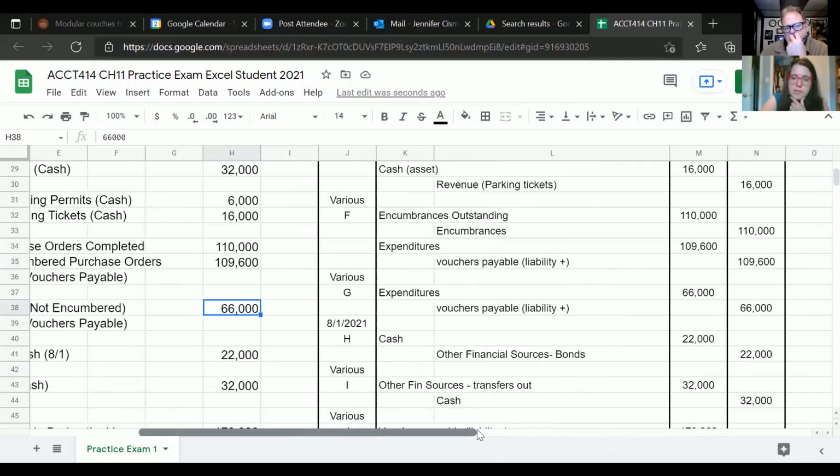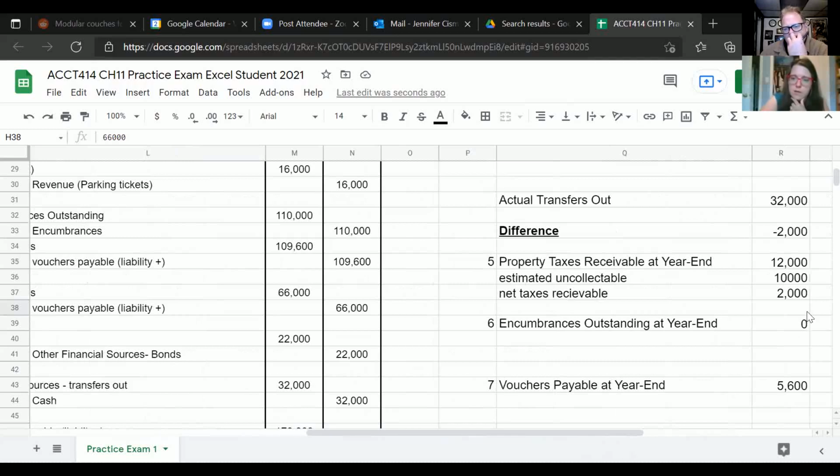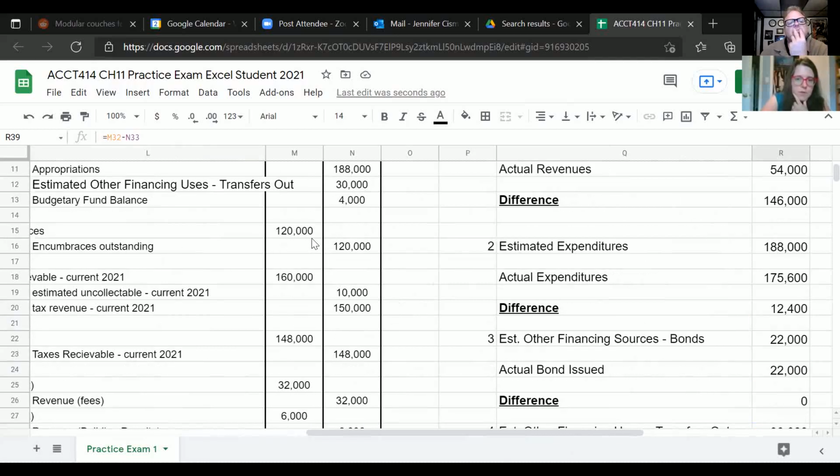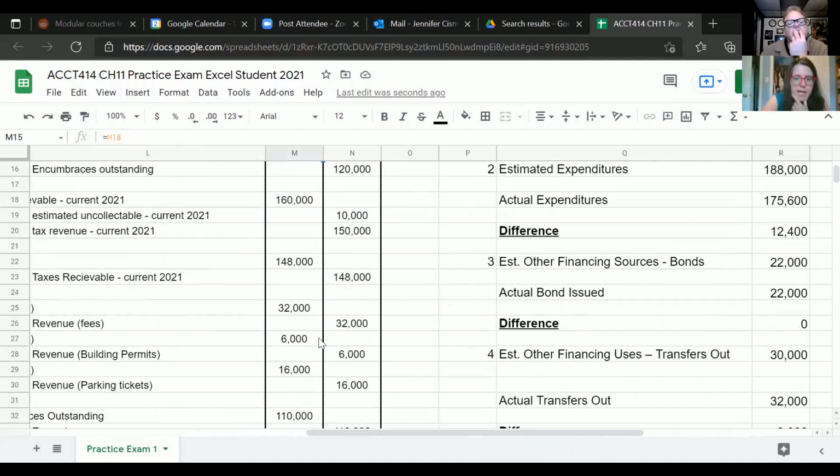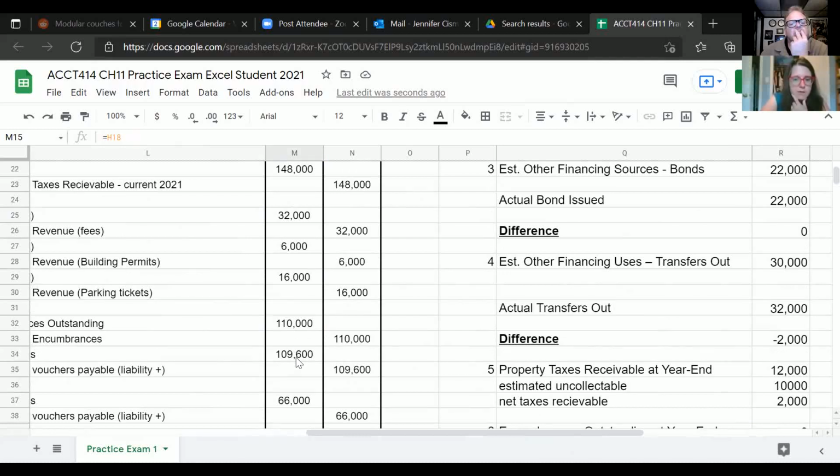So then it would actually be the encumbrances outstanding was the 120, and then we take out the 110.